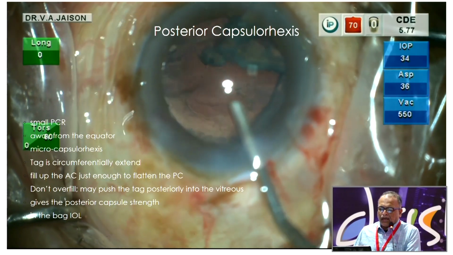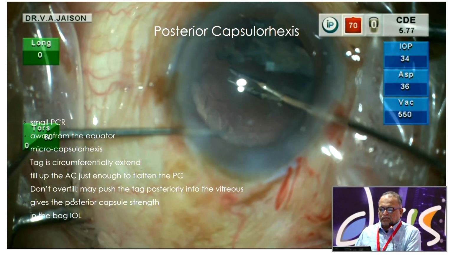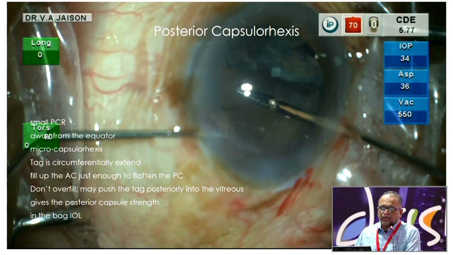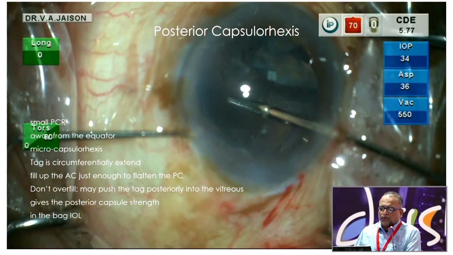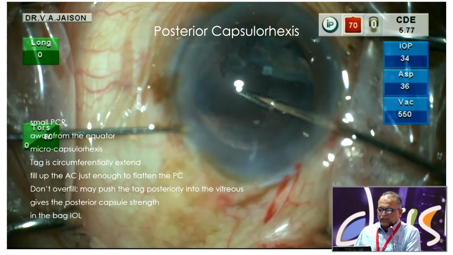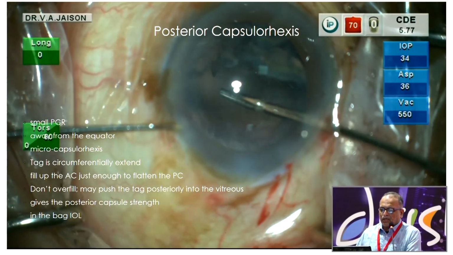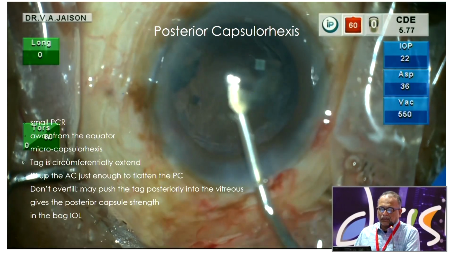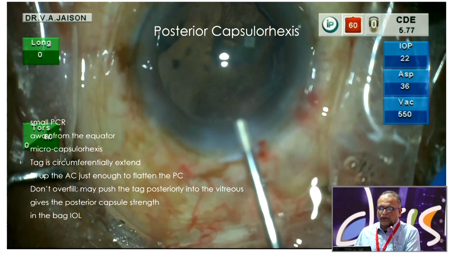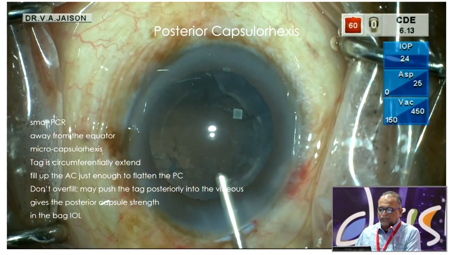If you have a tag, you catch hold of the tag and move it circumferentially to get a complete rhexis. If you get a complete posterior capsular rhexis, your advantage is your capsular bag is strong. It will not extend while emulsifying or while aspirating the cortex.